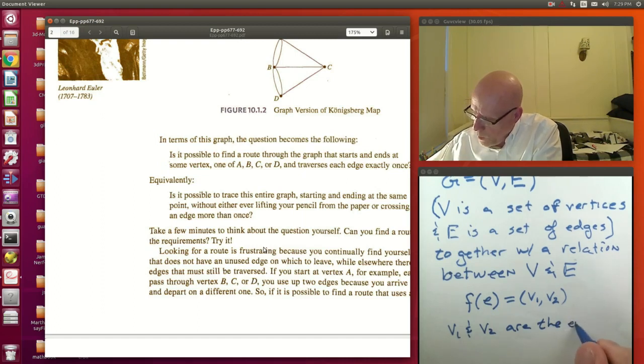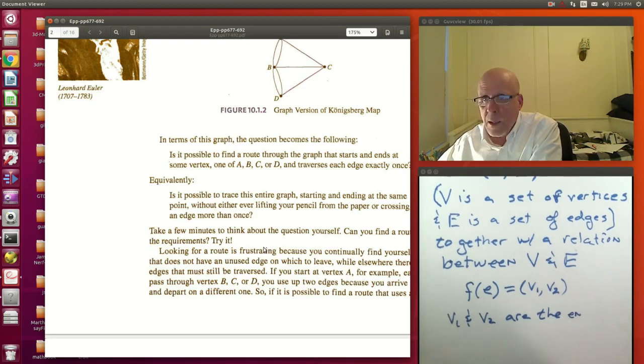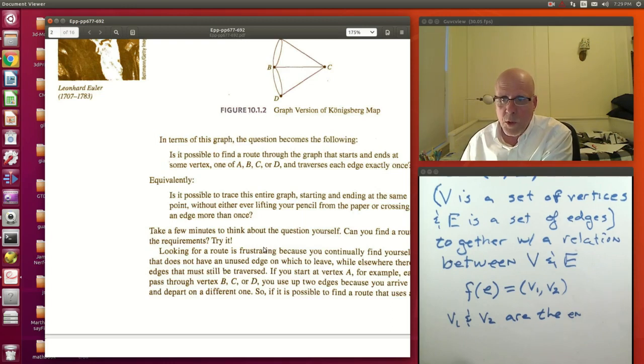I have written V1, V2 as an ordered pair. Sometimes there's an order to these things, and sometimes there is not. It depends on the physical thing we're trying to model. So sometimes there's a directionality in between. The edges go from one thing to another. Other times it's merely the idea of connection, so there is no directionality.